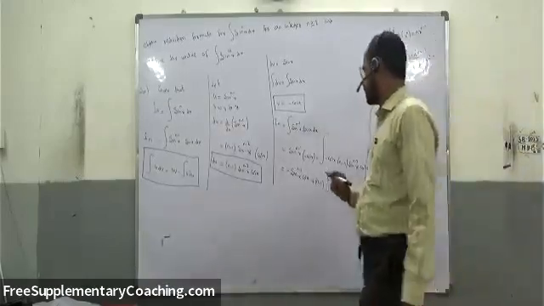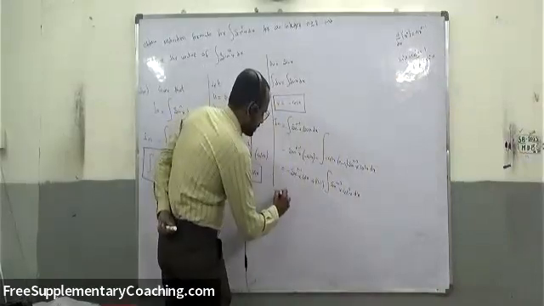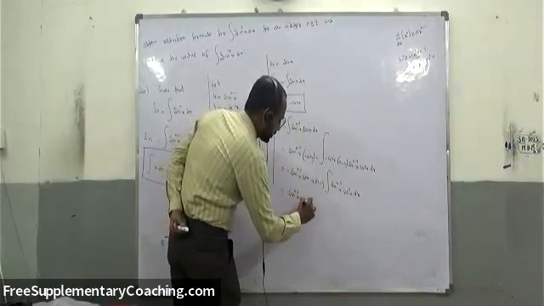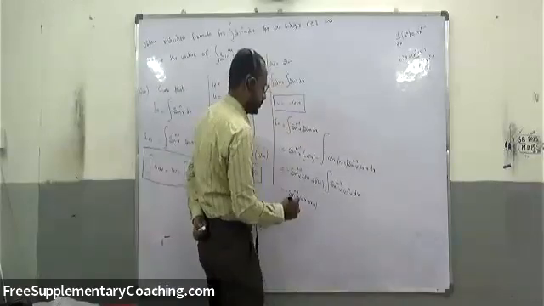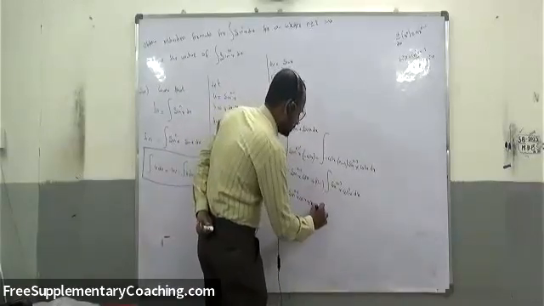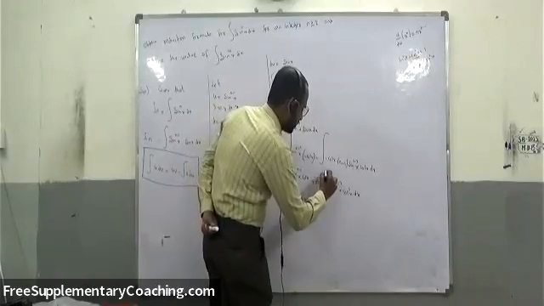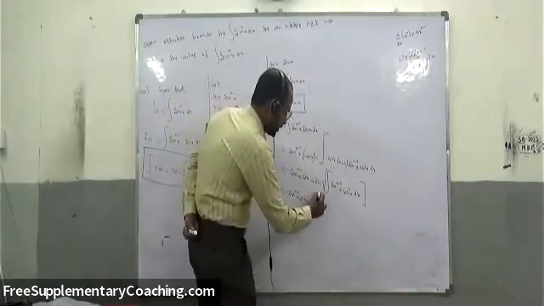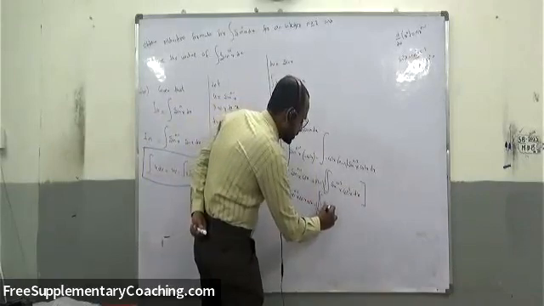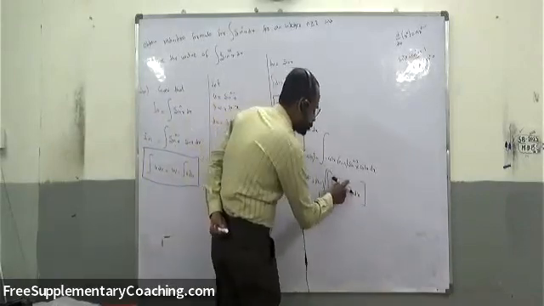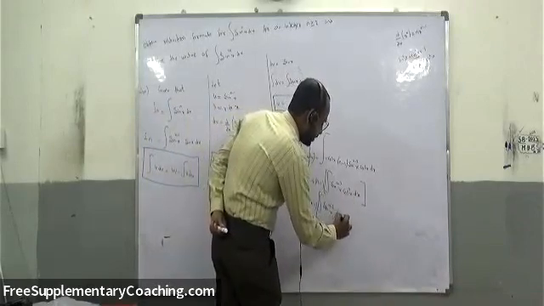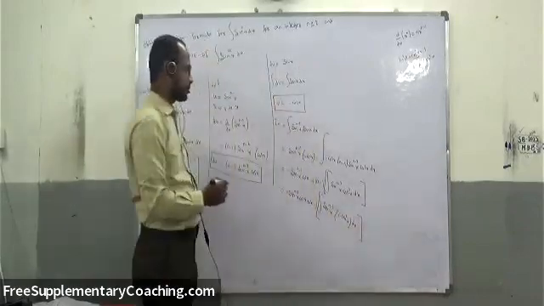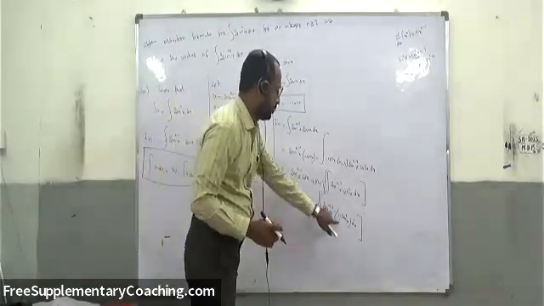So what I am getting is minus sine power n minus 1 x into cos x plus n minus 1, integration of, it will be better to take a big bracket to show that these are in multiplication, sine power n minus 2 x into 1 minus sin square x dx, bracket close.